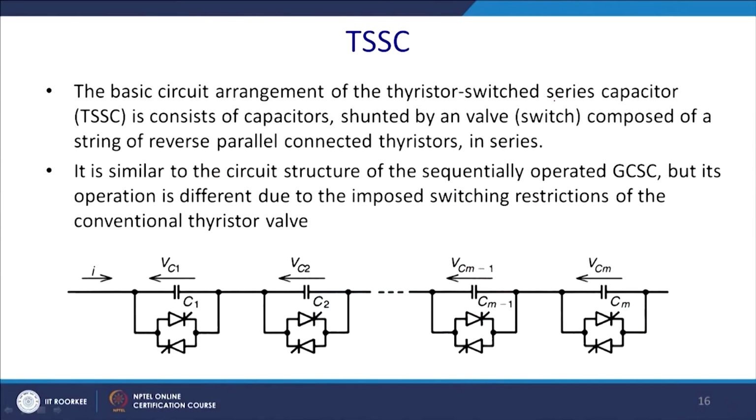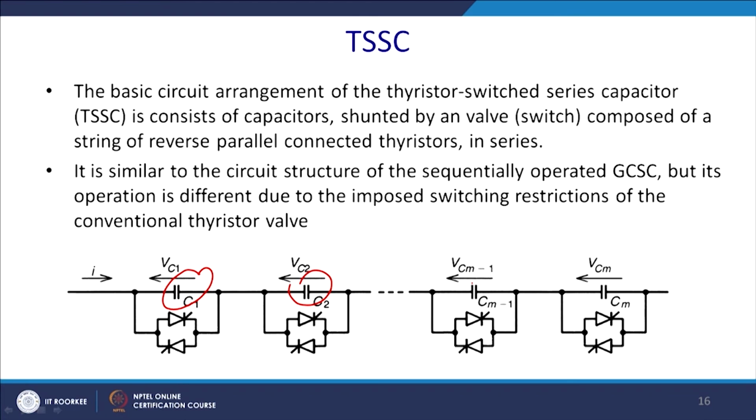The basic circuit arrangement of the thyristor switched capacitor: see the logic here. You will have a series capacitor and an anti-parallel thyristor connected with it. It is just the opposite of the TCR.